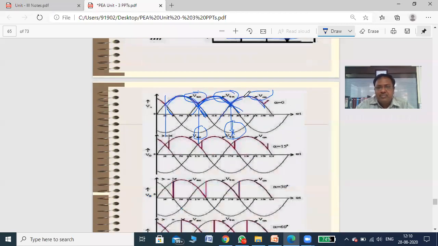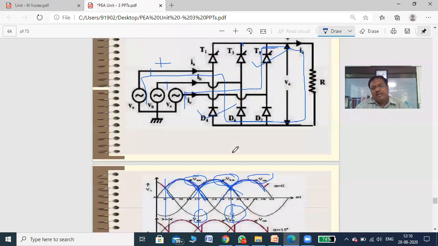Okay. So in this particular converter, whichever phase is most positive and whichever is most negative, those particular devices, one thyristor and one diode, are conducting at a time, right? When thyristor T1 is conducting, at the same time diode D6 is also in conducting state.